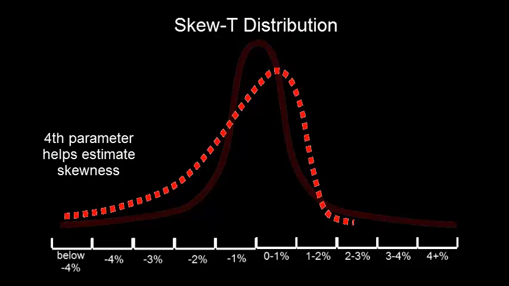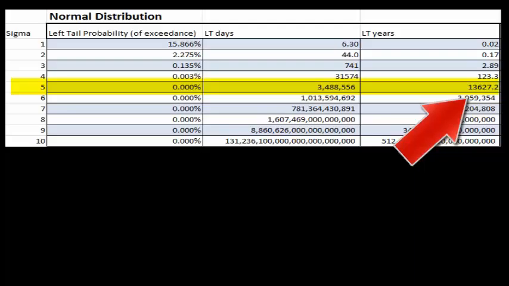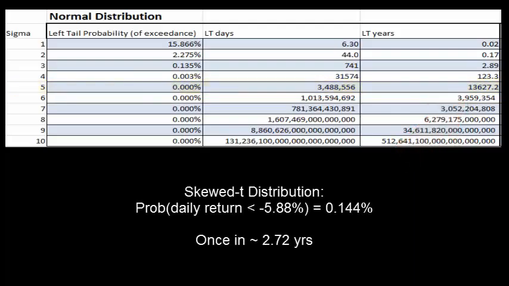This distribution is still symmetrical, but a related distribution, the skewed t, adds a 4th parameter, which allows for asymmetrical returns. Based on data from 1998 to 2008, we can see that using a skewed t distribution provides risk estimates that more closely match reality. For example, a 5 sigma event, which is expected once over 13,000 years using a normal distribution, is predicted to occur once in 2.7 years using a non-normal skewed t model.